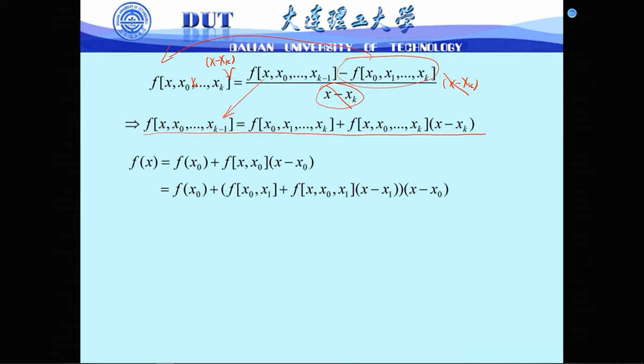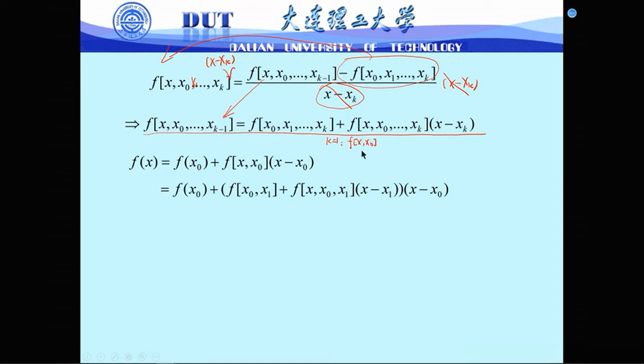When we choose k equal to 1, then the left side is f[x, x0]. Because when k is 1, then 1 minus 1 is 0, so we only have x and x0.